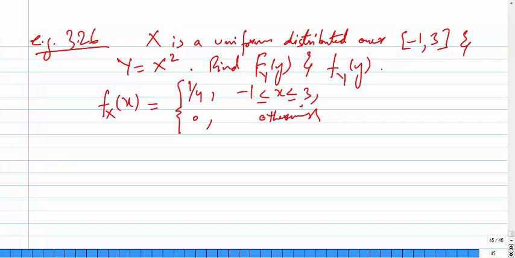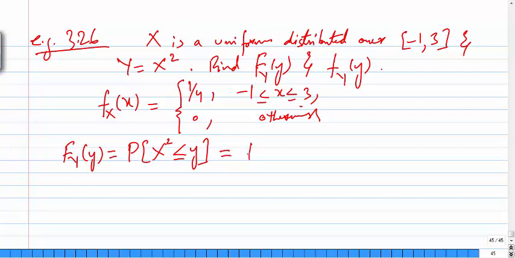Now the CDF of Y is actually the probability of X squared less than or equal to small y. That can be written as the probability of minus root y less than or equal to X less than or equal to root y. So this is the relation that we have to calculate.